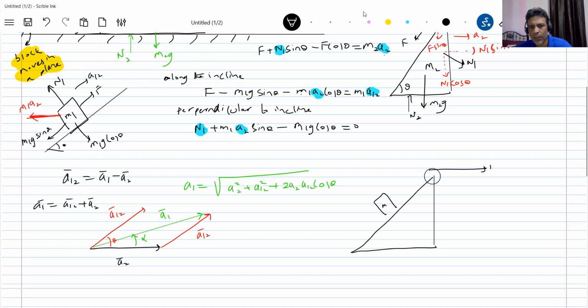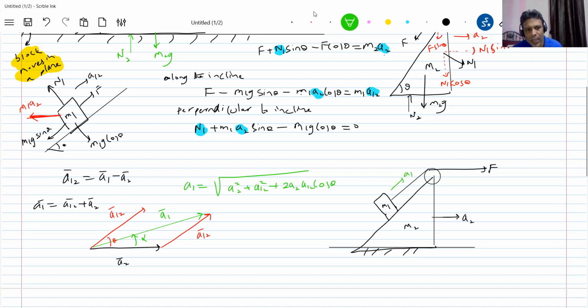There's a block. Let's try to indicate the accelerations here. The acceleration of the wedge will be like this, no? What about the acceleration of the block? It should be along the incline? Shall I put A1 like this?